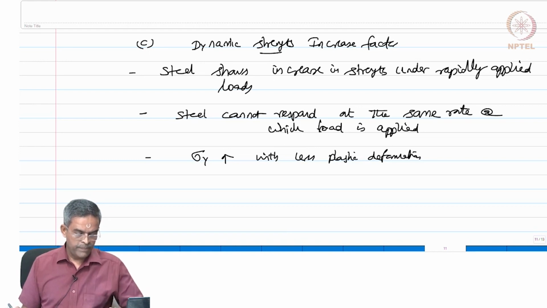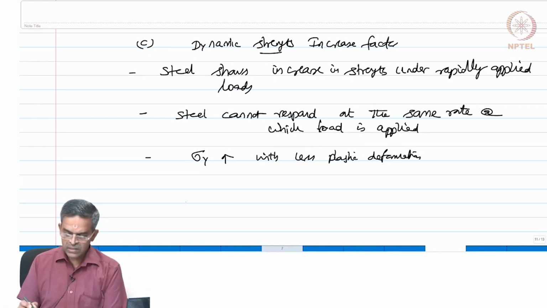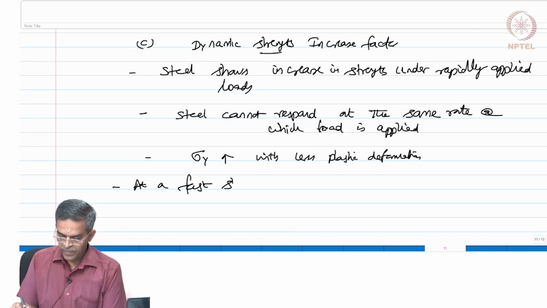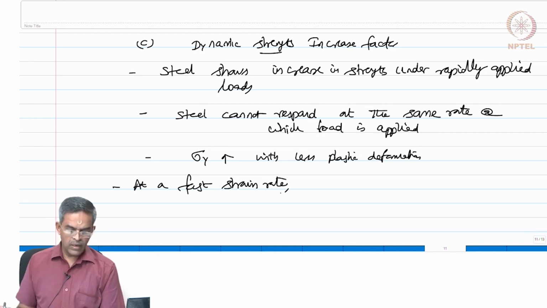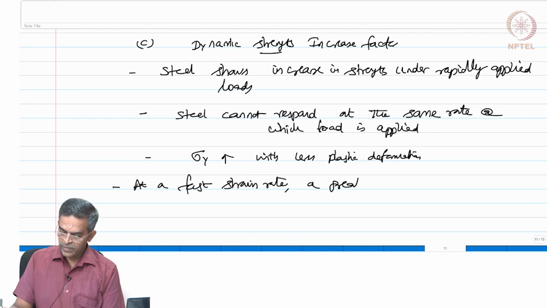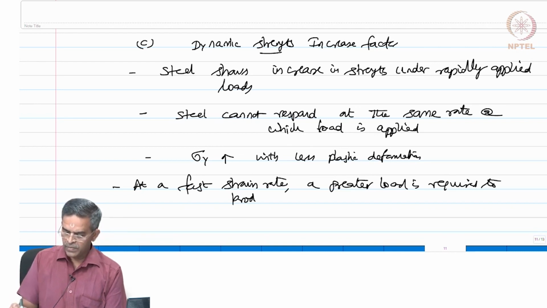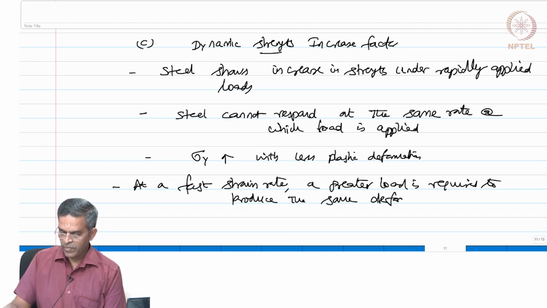At a fast strain rate, a greater load is required to produce the same deformation than that at the lower rate. I mean, this is understood, right?